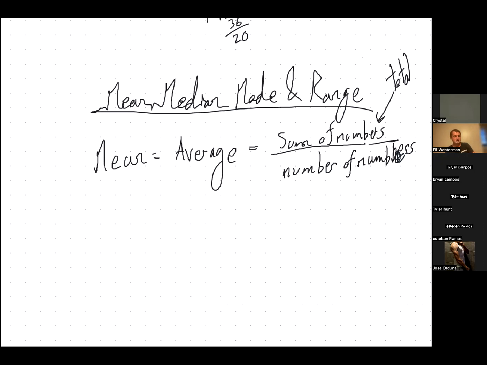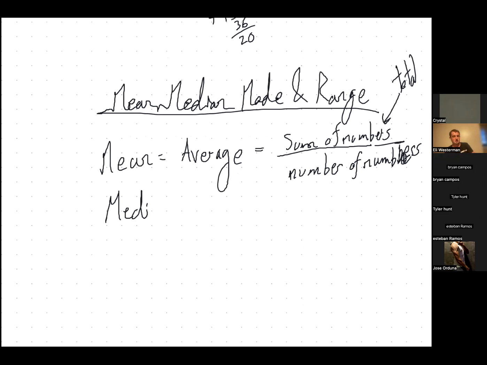So what is the median? The median is the middle number. What is the mode? The mode is the most common number.